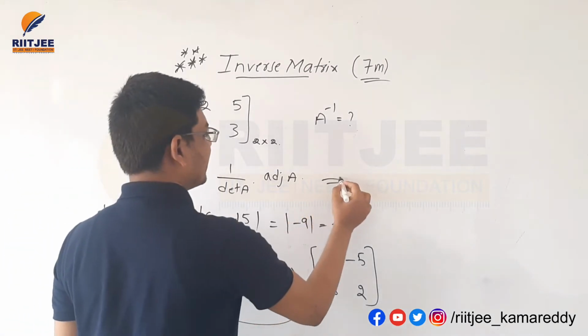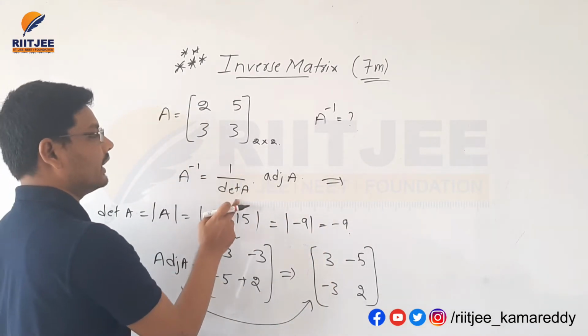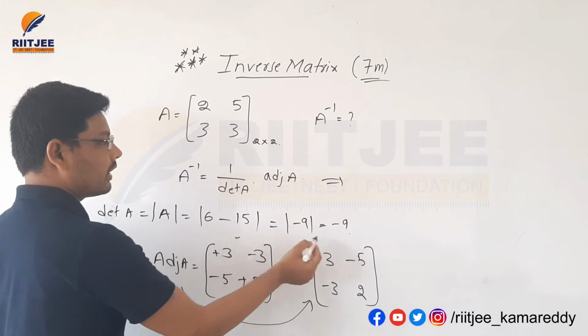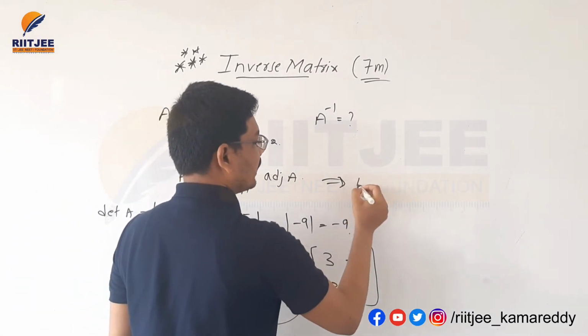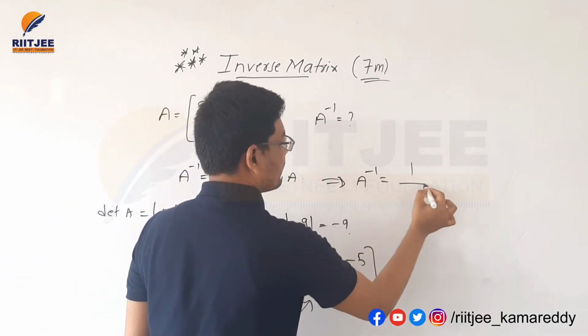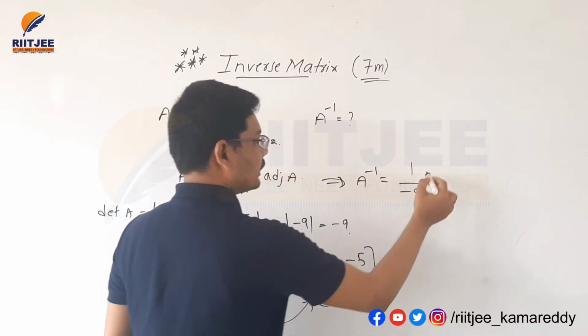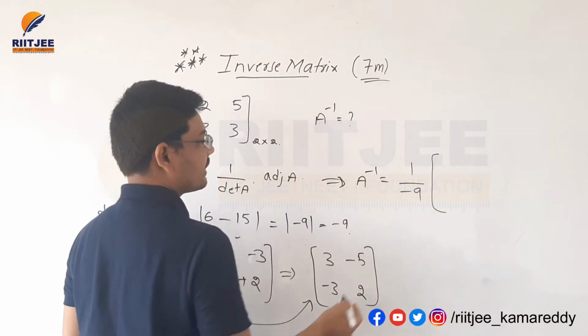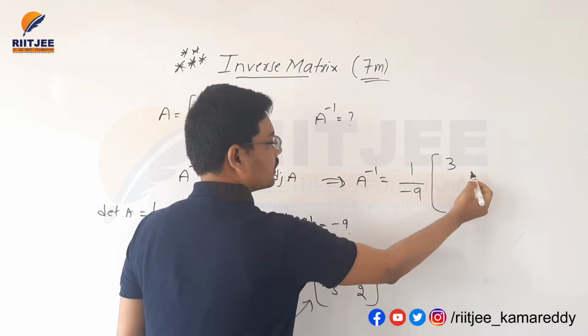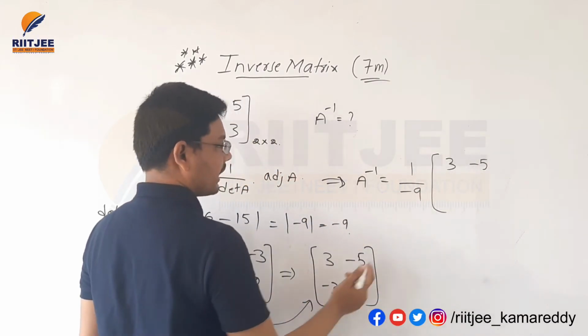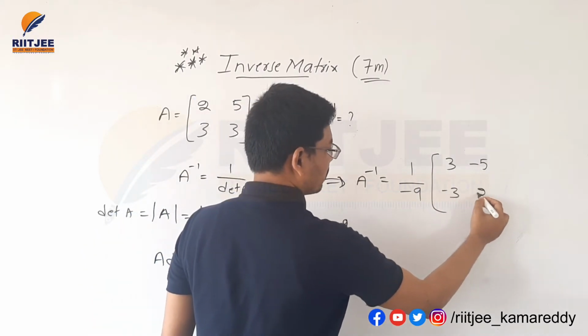Our formula is A inverse equal to 1 by det A into adjoint A. Here we got the det A value, so A inverse is equal to 1 by minus 9 into the adjoint matrix, that is 3 minus 5 minus 3 2.